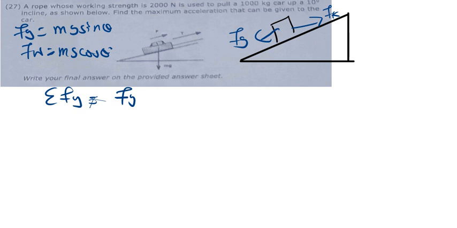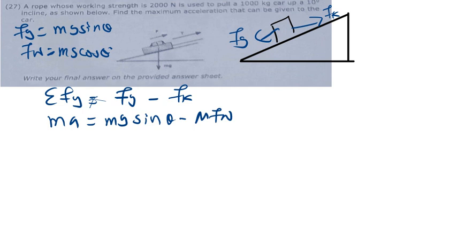So from this Fg we need to subtract the friction force. This summation is going to be replaced by ma, then Fg is mg sine theta minus the friction force. Friction force is basically mu times the normal force. But what is the normal force? Normal force is mg cos theta.